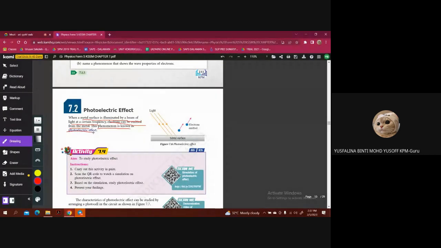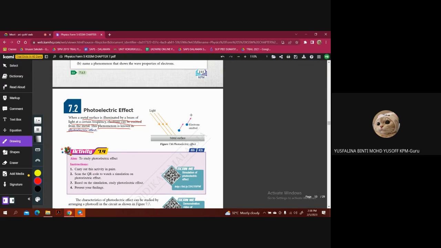If you give light at a certain frequency to a surface, there will be energy, because E equals hf. The light contains energy, and this energy is directed onto the metal surface, then electrons can be emitted from the metal.